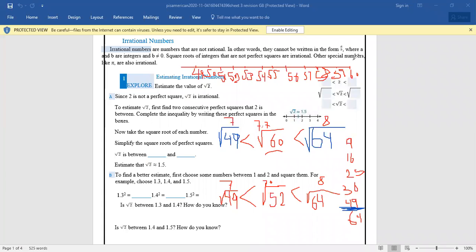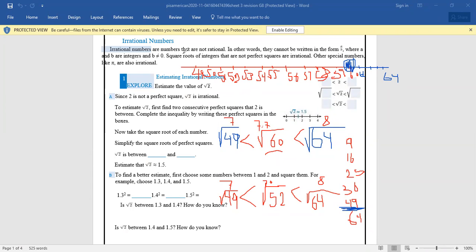This is 60. We have to extend this line to have 61, 62, 63, 64. Okay, now we are looking for 60.